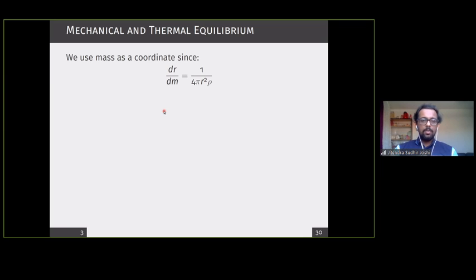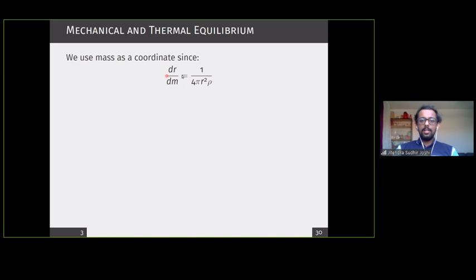So for normal stellar evolution, or during the normal study of stars, instead of considering radius as a coordinate, we normally choose mass as the coordinate. There are various reasons for this, but you can see that this is a direct conversion.